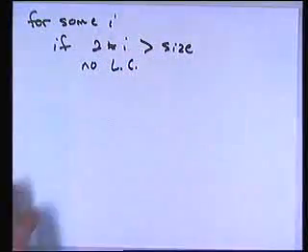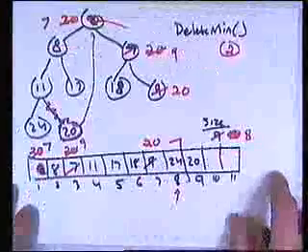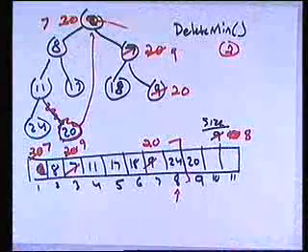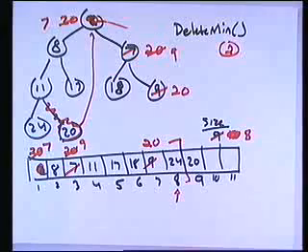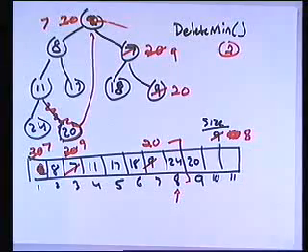And that's what we saw here. 20's left child, since 20 was at cell 7, would have been 14. 14 is greater than 8, so there's no left child. And therefore, if there's no left child, certainly there's no right child.